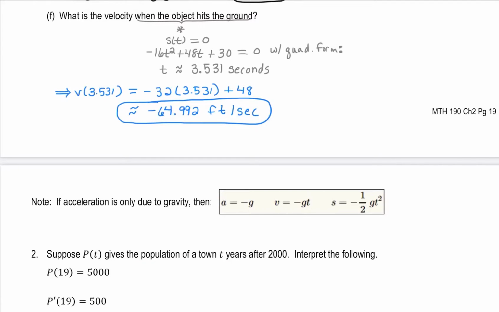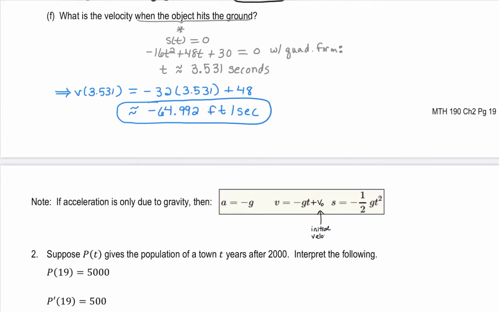And in general, actually, we end up having an arbitrary constant here. So you can add in, right here, plus whatever your initial velocity is. So if there is some sort of initial velocity, then that is this v sub 0.